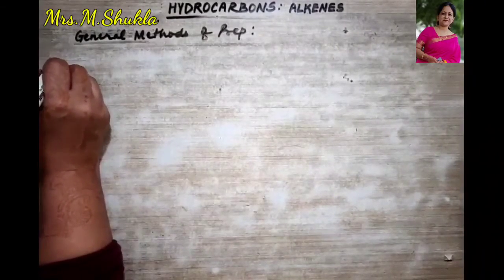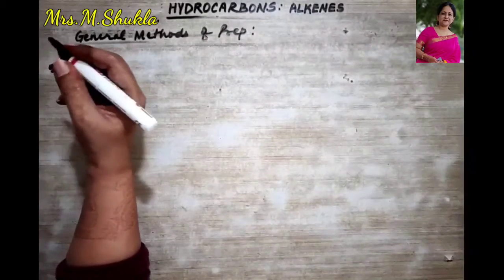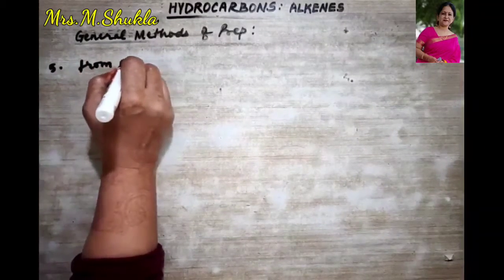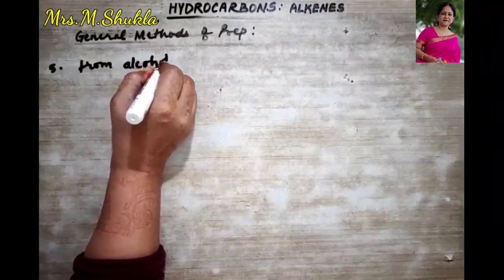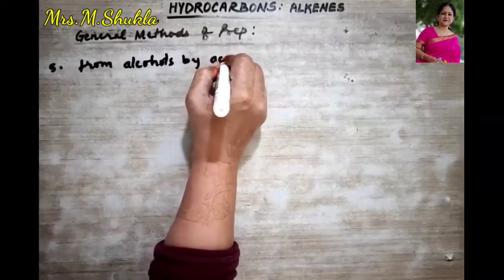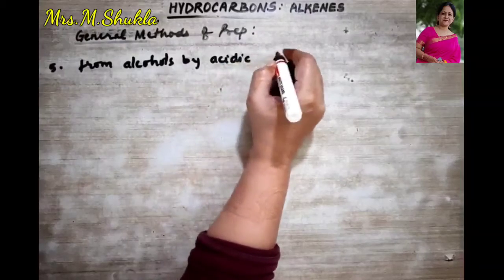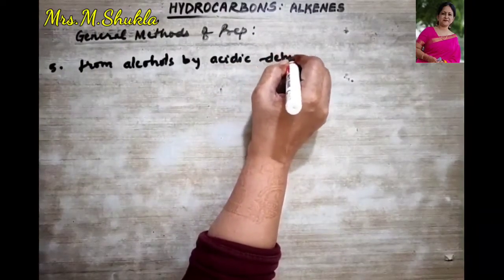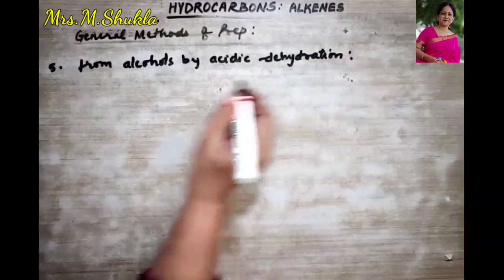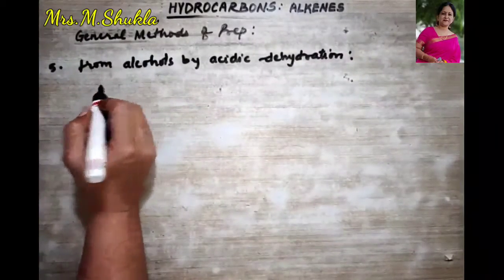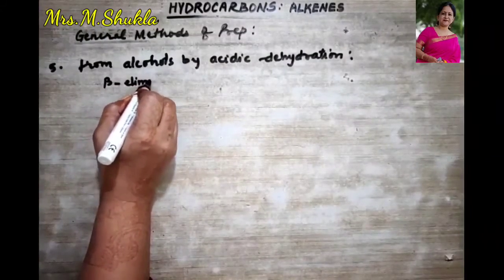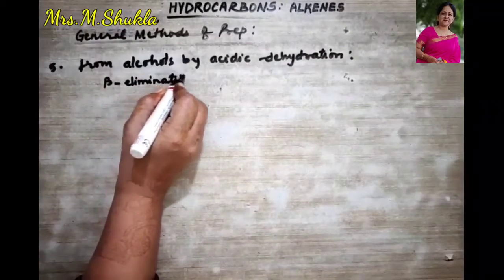Let us understand how to obtain alkenes from alcohols by acidic dehydration. Okay, so over here also we are going to see beta elimination, right?